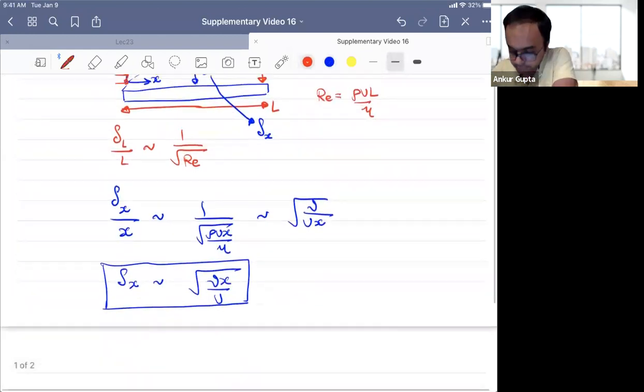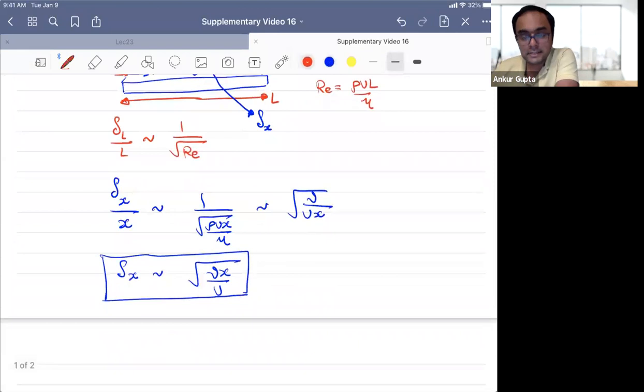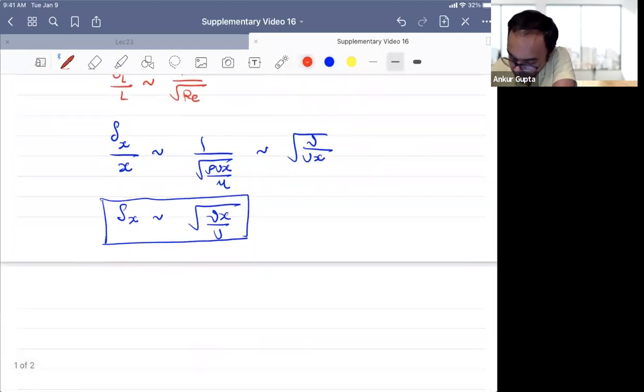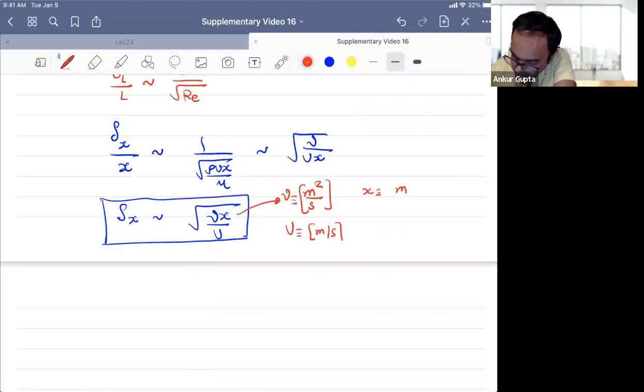Let's just quickly check the dimensions because we have not discussed this in detail yet. Nu is meter square per second, x is meters, and U is meter per second. So you can verify that delta of x will get the units of meters.